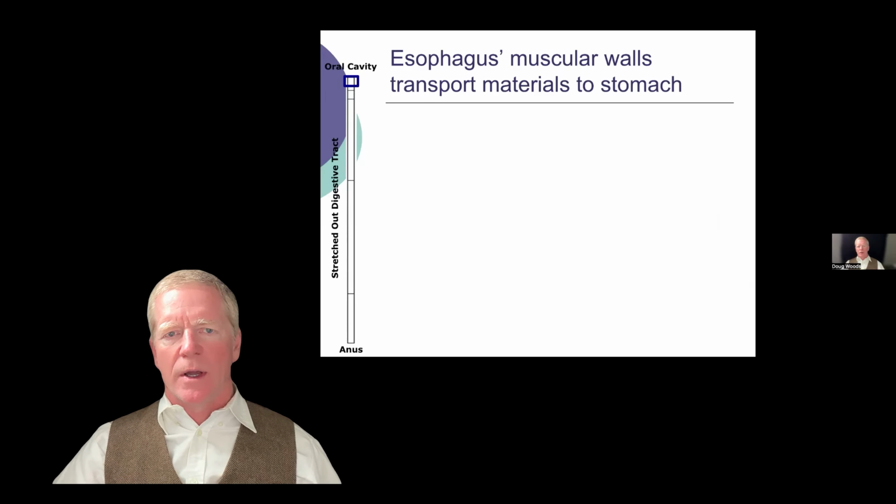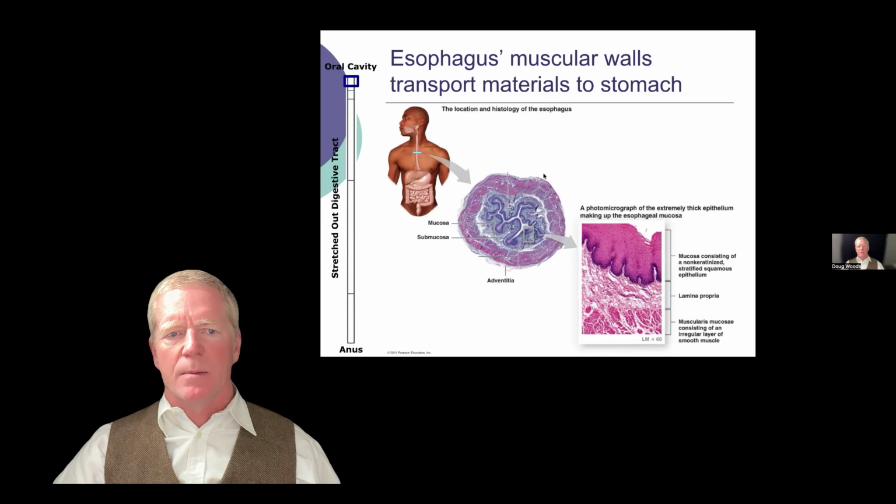After the oral cavity, the esophagus is the muscular wall that transports material from the mouth down into the stomach. The esophagus is lined with a mucosa or mucosal layer and a submucosal layer, and it's a very strong structure.